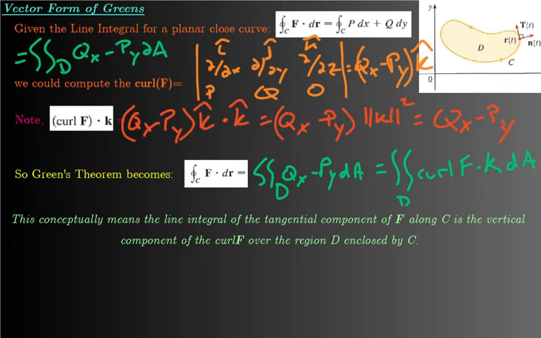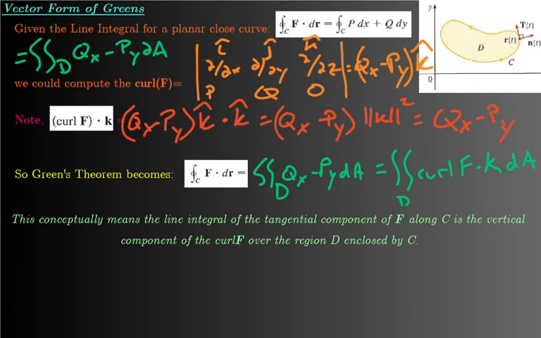So that's an important thing to know. So this line integral can also be written that way. It can be written this way with Green's, but this is also Green's. It's just what we call a vector form of Green's.